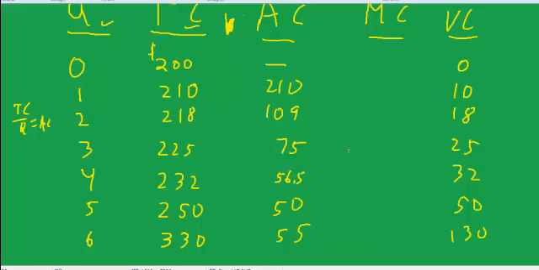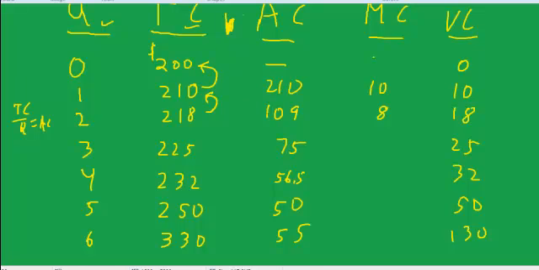Okay. Marginal cost is the additional cost of producing the next unit of output. So it's this minus that. So for 1 unit of output it's 10. So going from 0 to 1 unit of output costs you $10. And then to go to the second unit of output we subtract and we get 8.